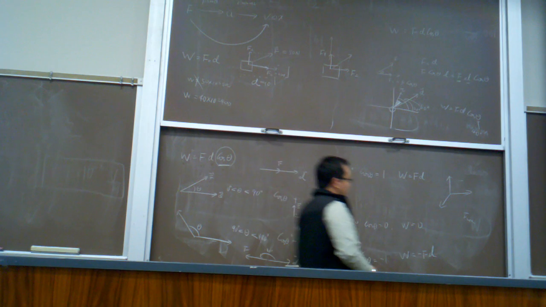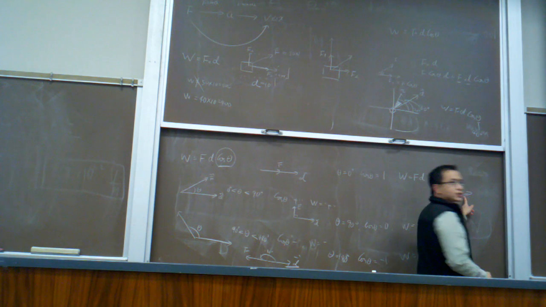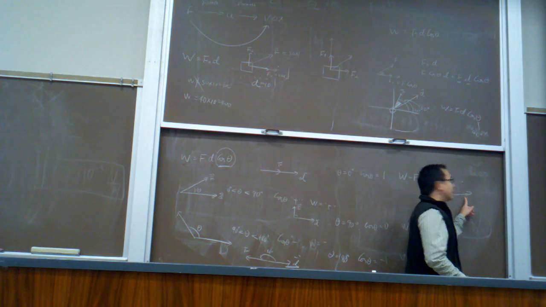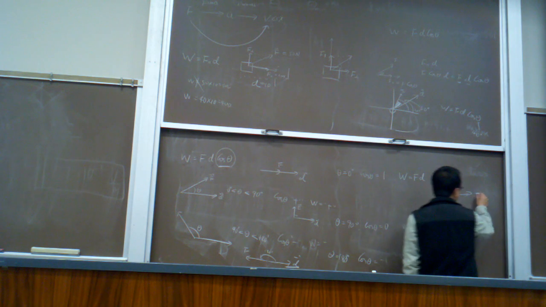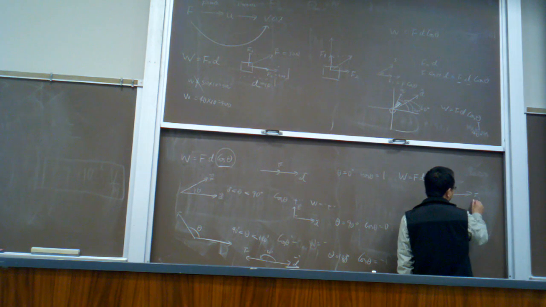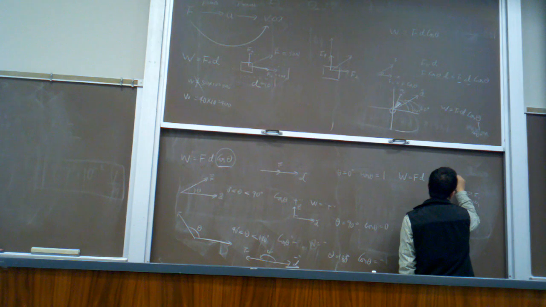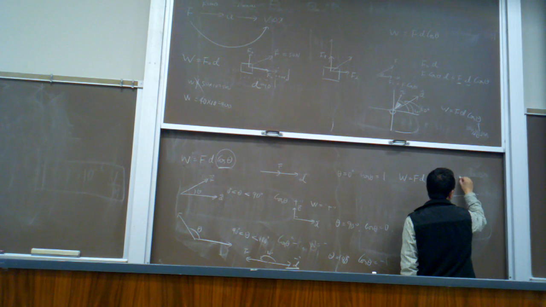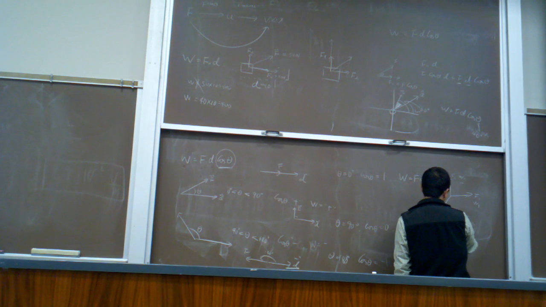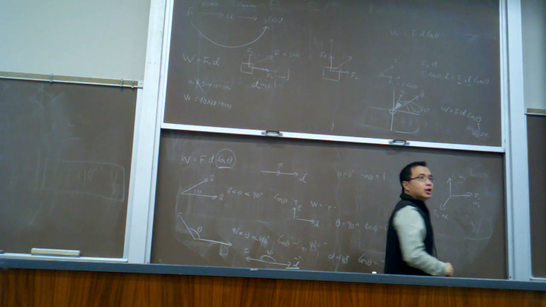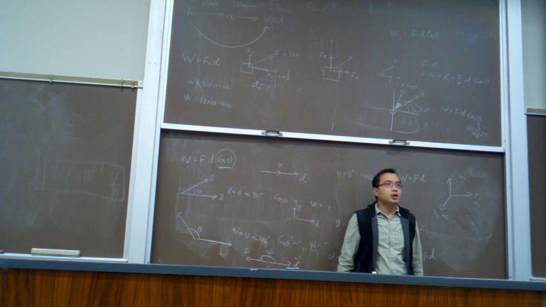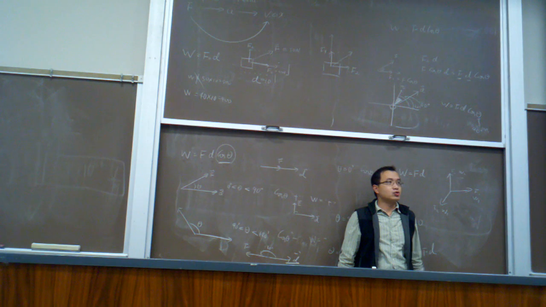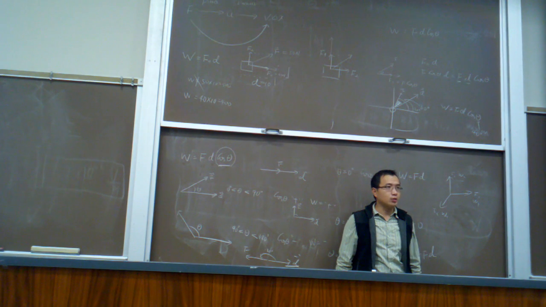Another way is that for each of the forces here, you can use that equation to calculate the work. If you have F1, you can calculate work W1, and then you have F2, you can calculate work W2. You have F3, you can calculate work W3. With that definition, you add W1, W2, W3 together to get the total work or the net work.